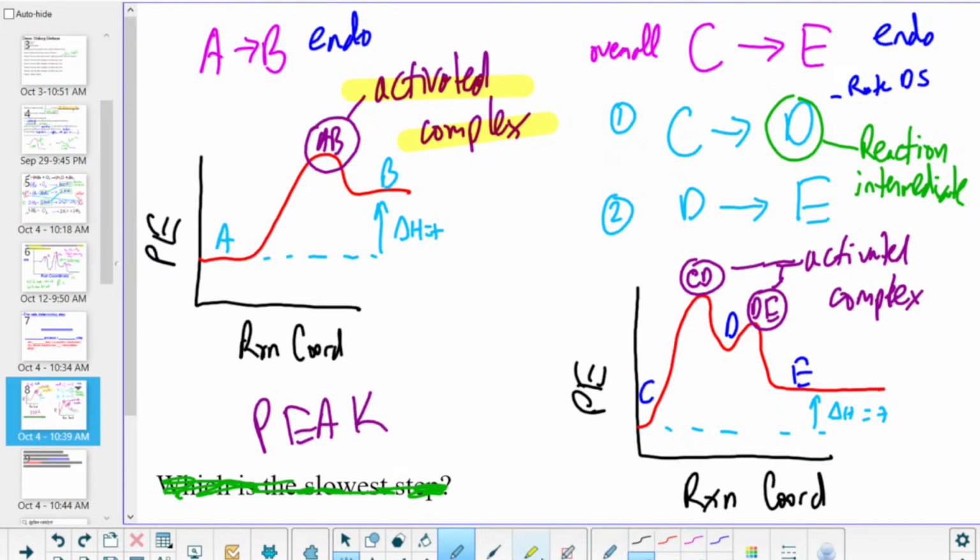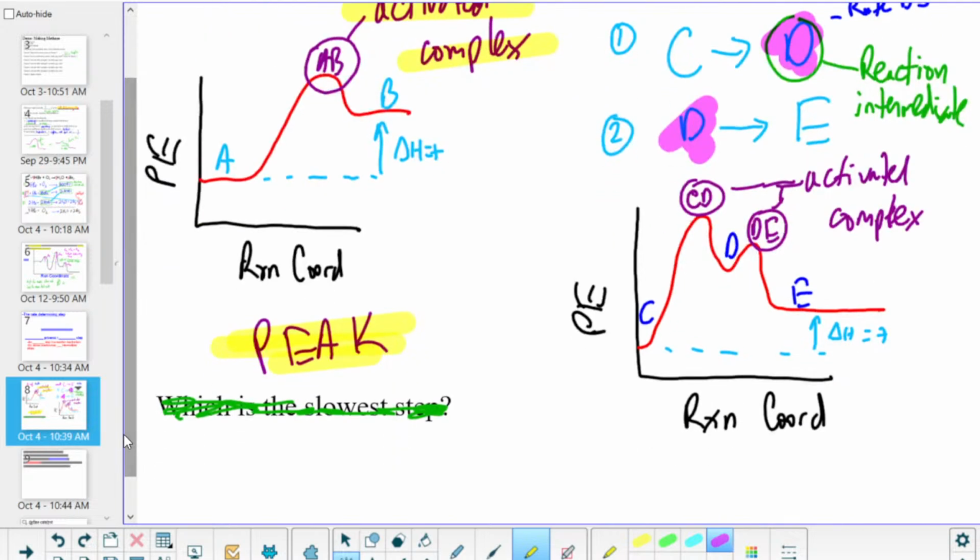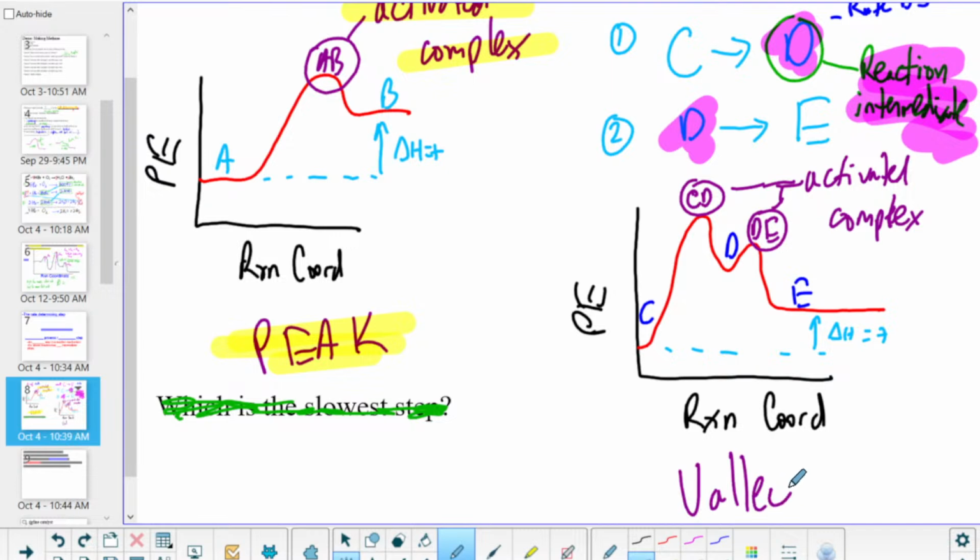Whereas, let's go there so we can highlight it properly. Whereas these, blue might not be so great on blue. Let's go with pink. These, the reaction intermediates, are in the valleys.